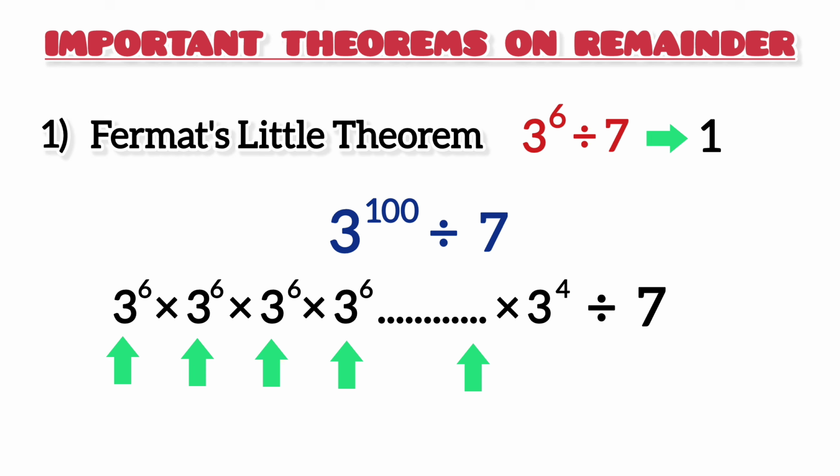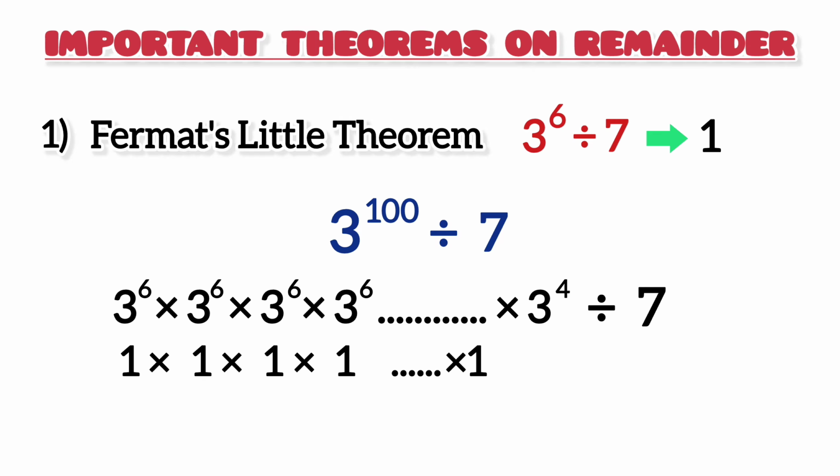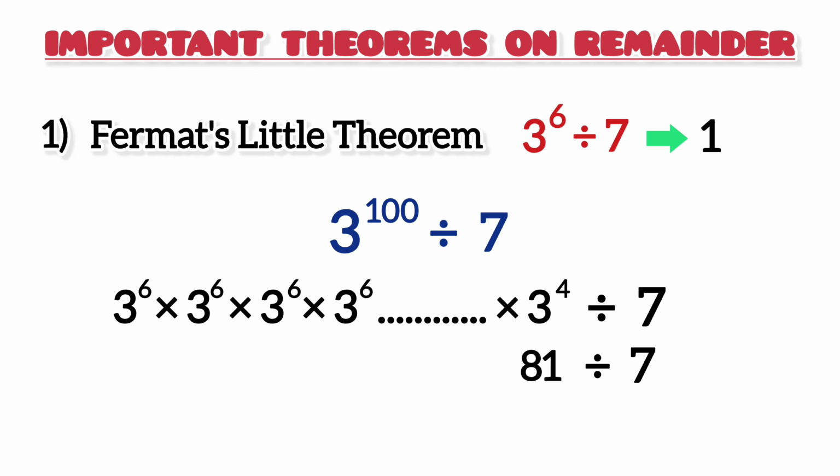All the 3 raised to the power 6 will leave the remainder 1. From the remainder of product property, you can multiply all the ones. So now you only need to find the remainder when 3 raised to the power 4 is divided by 7. This becomes 81 division 7 and the remainder comes out to be 4.